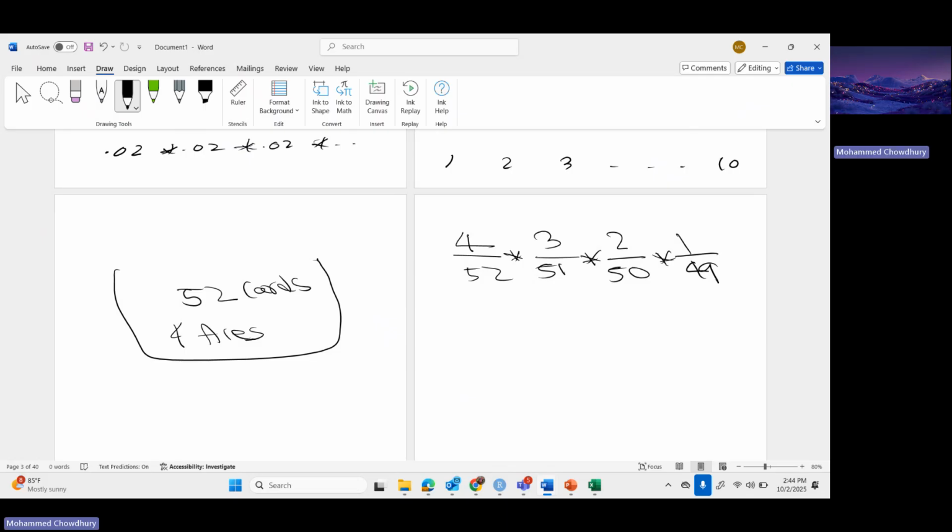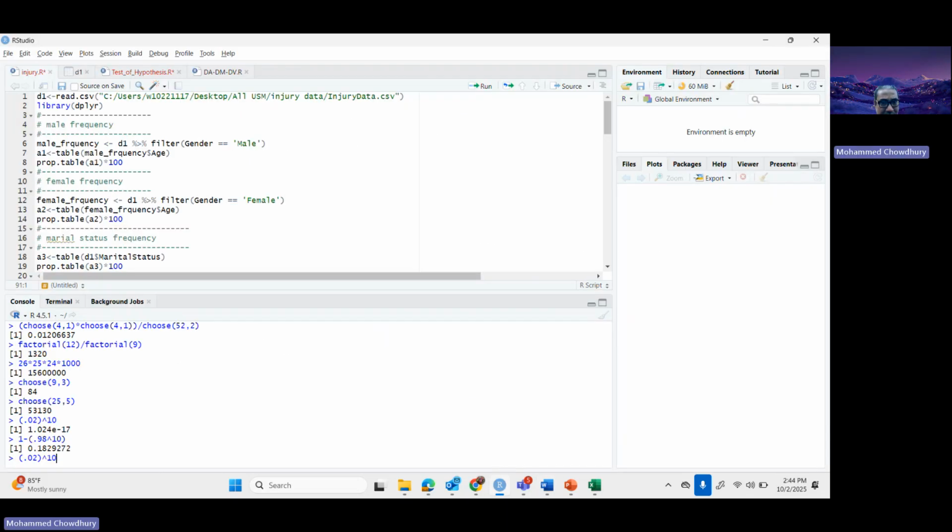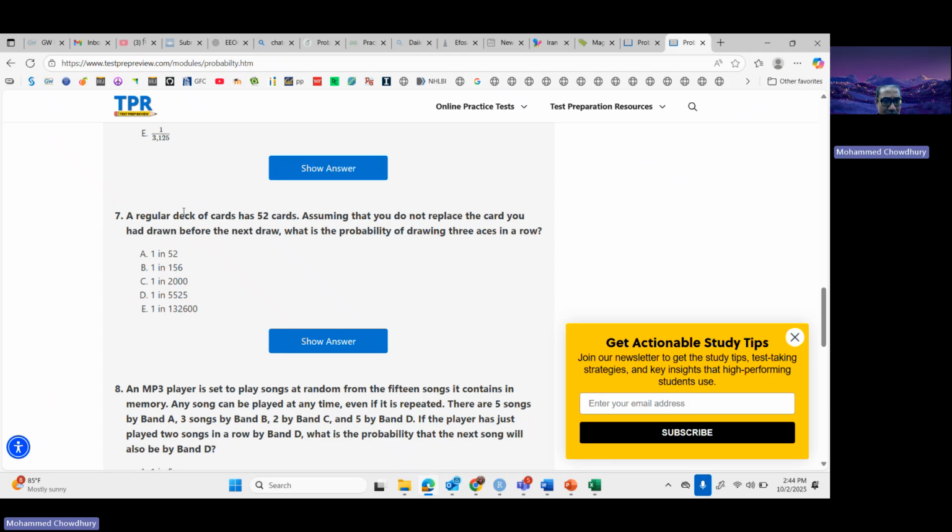Okay, let me read the question. It said only three, okay, then we will stop at 50. A regular deck of cards has 52 cards.